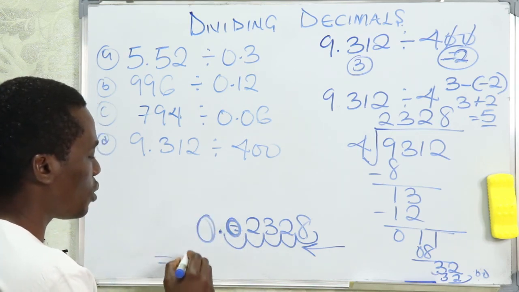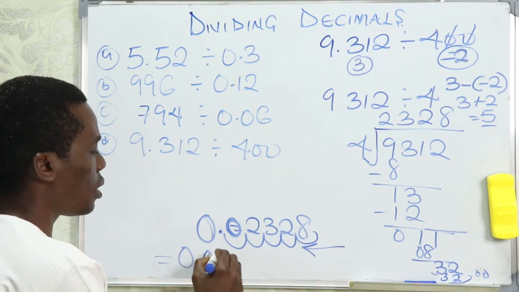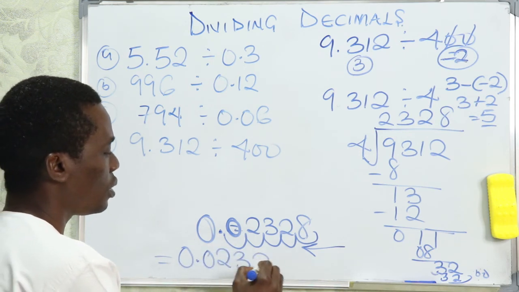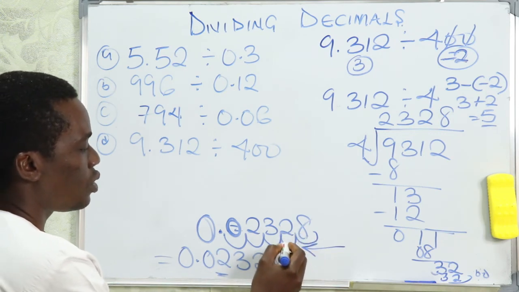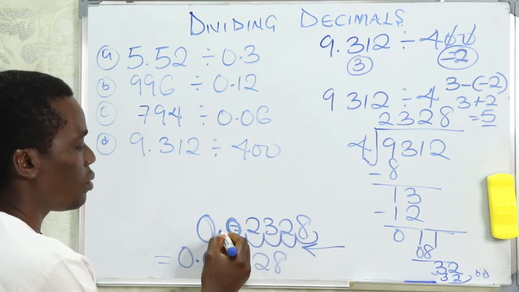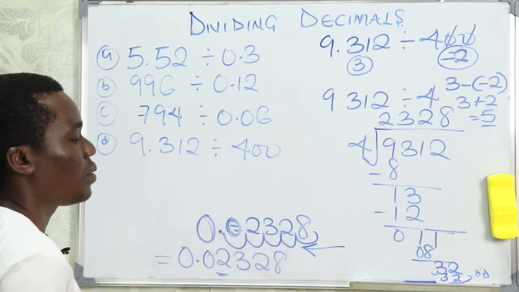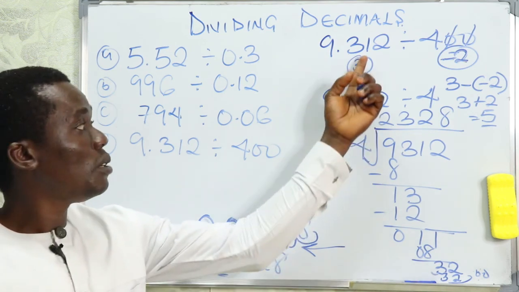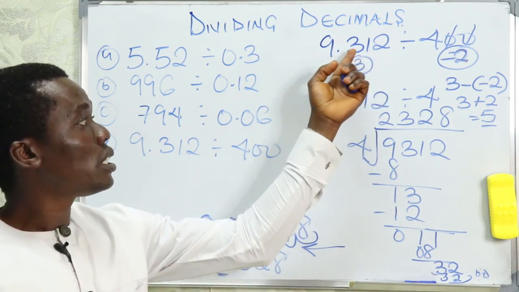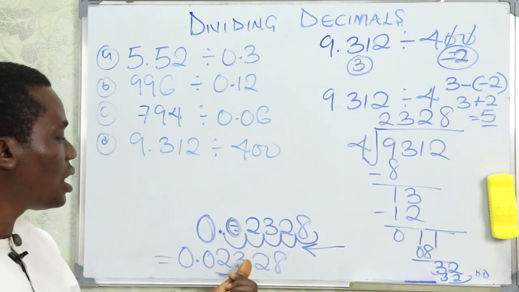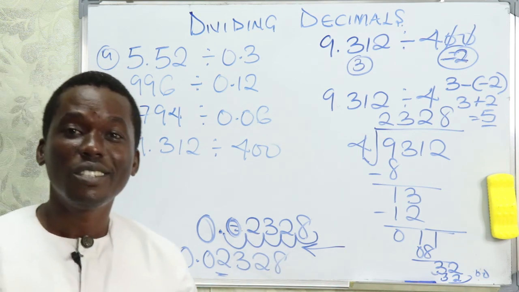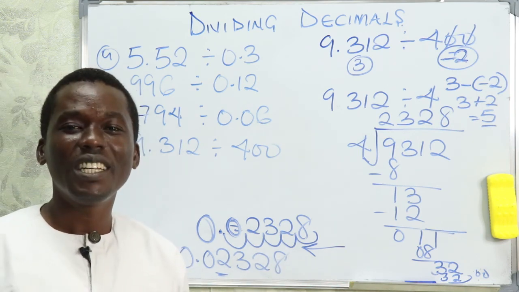So our result is going to be 0.02328. This will give you 1, 2, 3, 4, and 5. So the result for this division, 9.312 divided by 400, is 0.02328. You see, it's very easy.